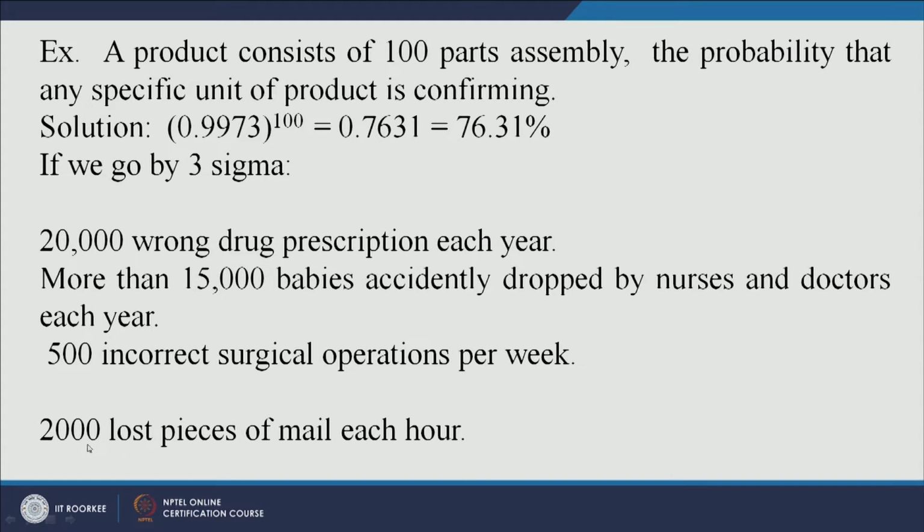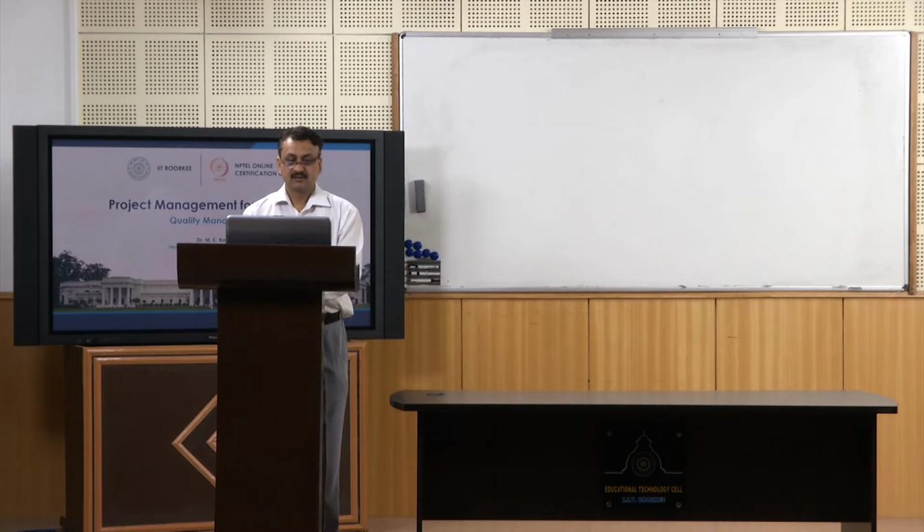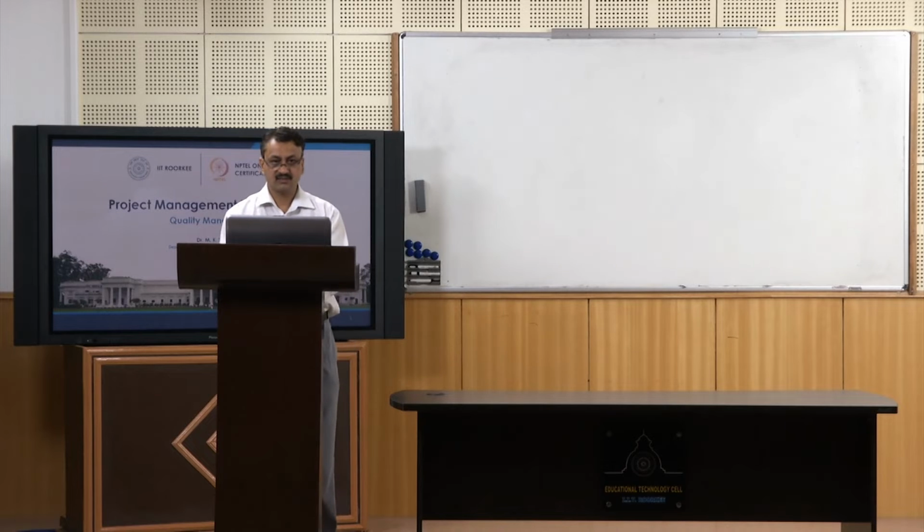You have 2000 lost pieces of mail each hour. You do not want all these things to happen, right. So, if you work at the 3 sigma limit, your quality would be very poor. That is why you need to reduce variability in the process. When you reduce the variability, your quality level will increase, right. Let us look at something called 6 sigma. Nowadays everyone is talking about 6 sigma.